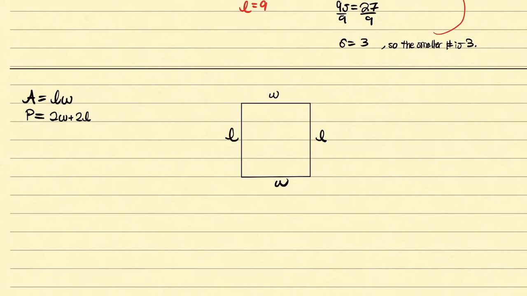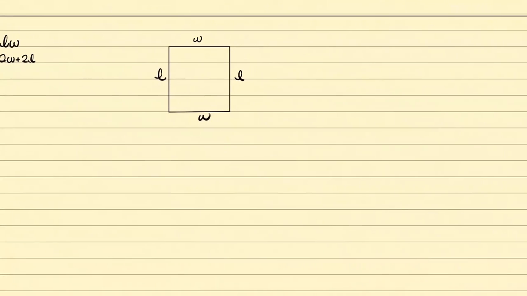And then what if I make this a 3-dimensional object? Here I have length, width, but now I have this additional dimension of height. What would the volume of this box be?